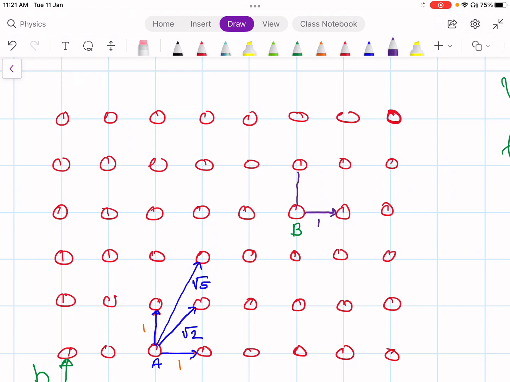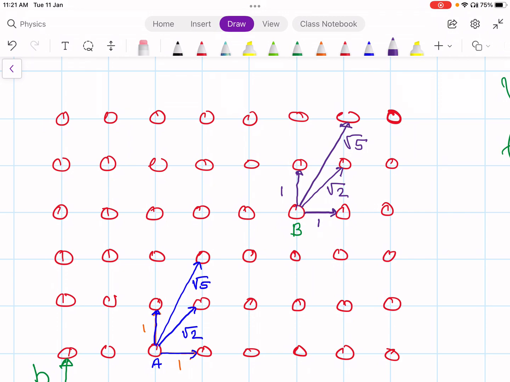When I move towards north, I find another lattice point at distance 1. Then towards the northeast direction, there is another lattice point at distance root 2. And then towards the north-northeast direction, there is another lattice point at distance root 5. And this is the surroundings of point B in one quadrant.